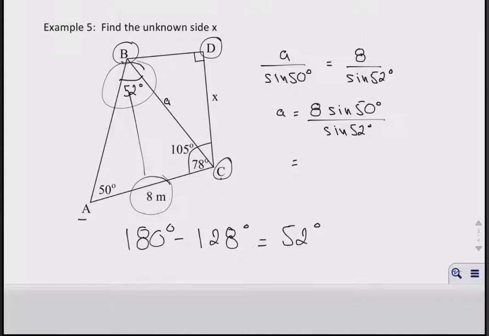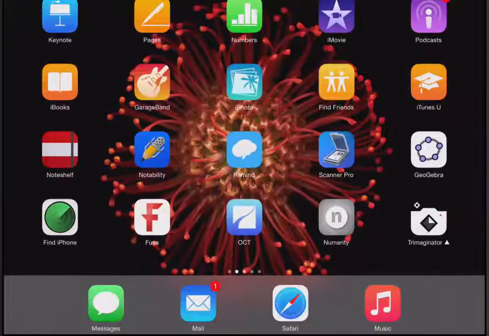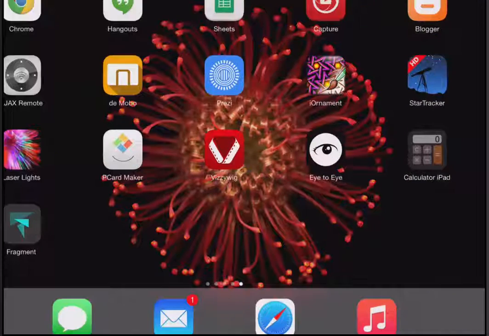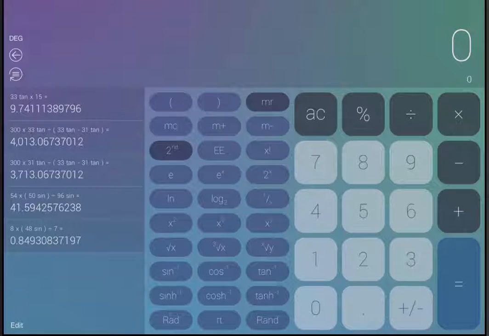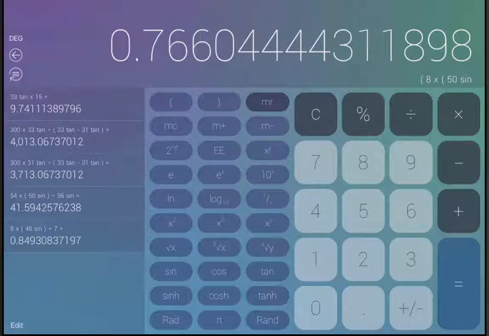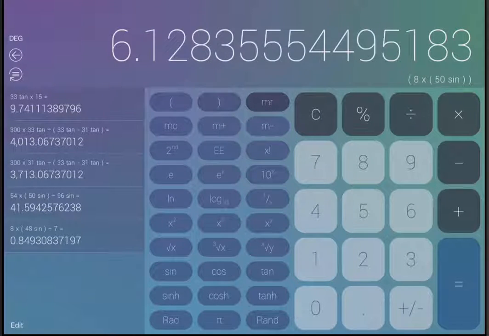What does that yield? Well, let's go to our calculator again. I'm going to have 8 times 50, that is sine, close bracket. This is divided by, what was the other angle?